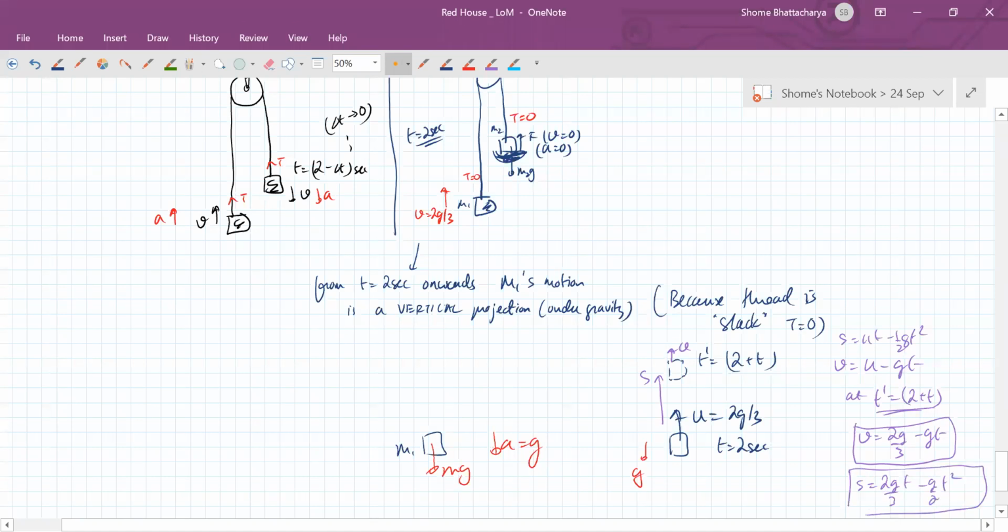Okay, so now think what will happen. You are holding the other block stationary, so this block is held in place, but this block is set off with that initial velocity at t equal to 2 seconds. So this goes up to some maximum height, comes to rest, then comes down, and on its way down now, when it reaches here, what happens?